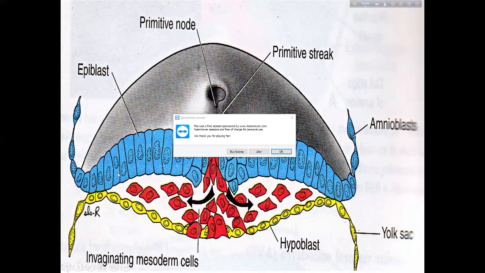Cells from the epiblast invaginate and form mesenchyme. Some of the mesenchyme becomes mesoblast and forms mesoderm. Some of the epiblast cells displace the hypoblast cells and become the endoderm. The remaining epiblast cells form the ectoderm. So epiblast is the source of all the 3 germ layers.